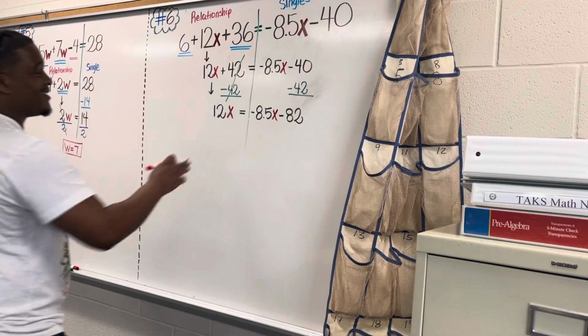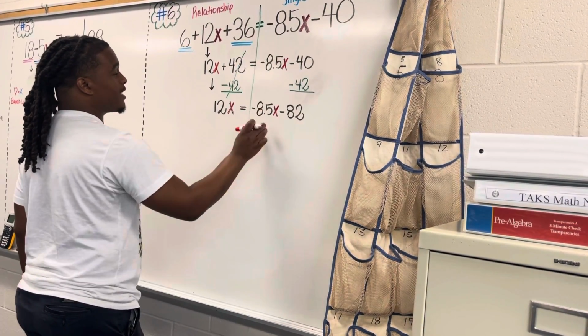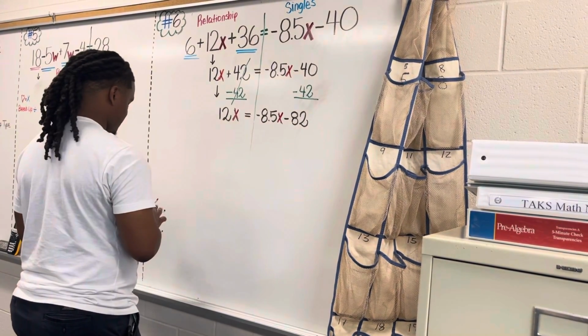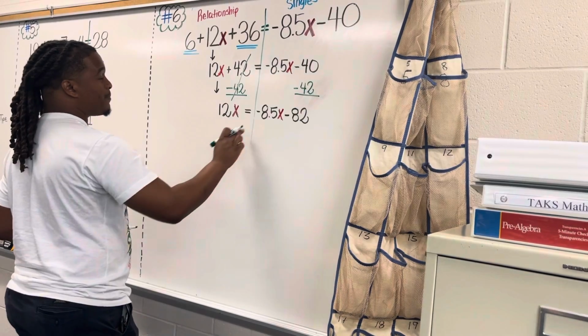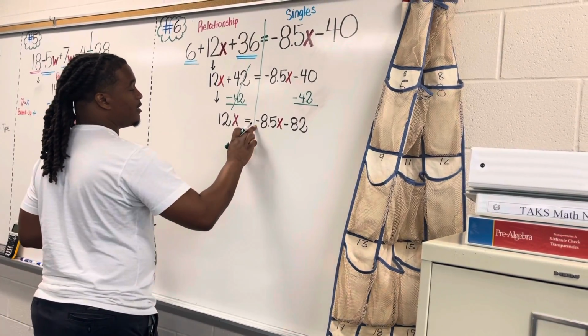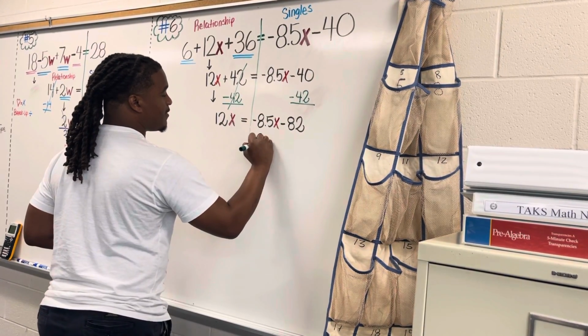As we notice, negative 8.5x is in a relationship, but it's on the single side. So we have to move this value over to this side. The inverse operation, or the opposite operation, of negative 8.5x is plus 8.5x.